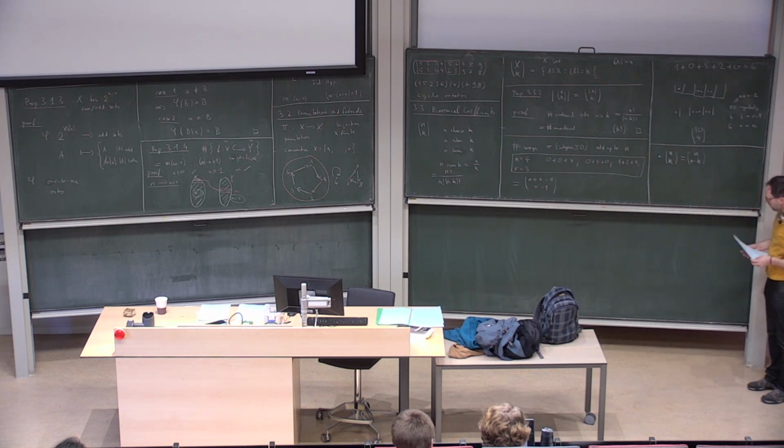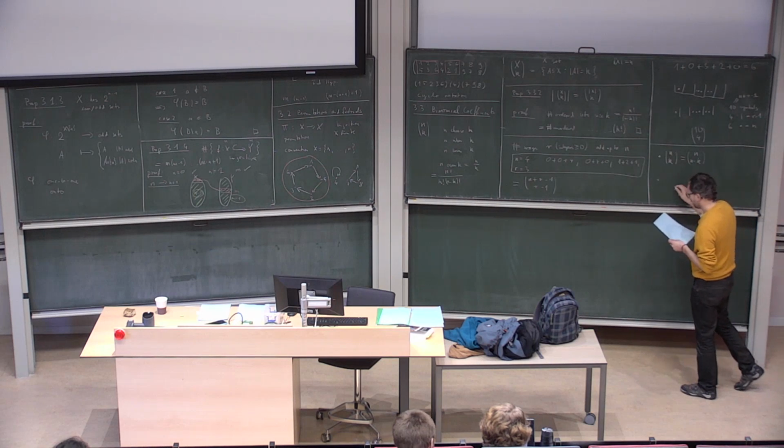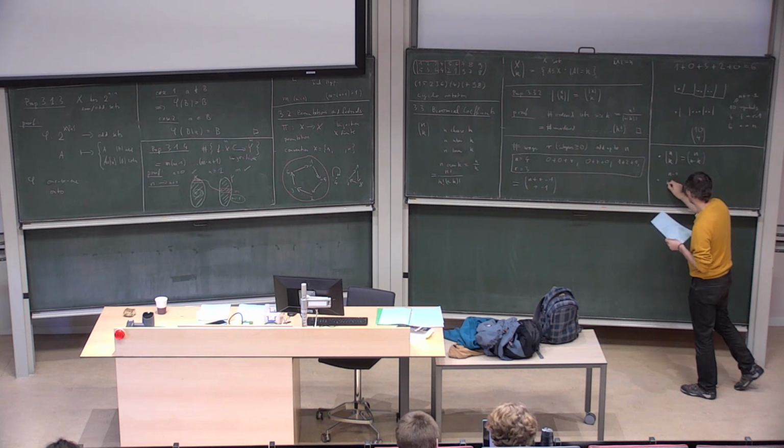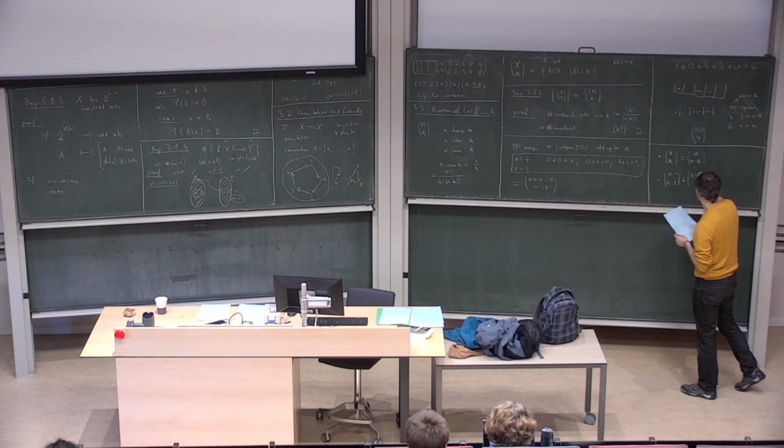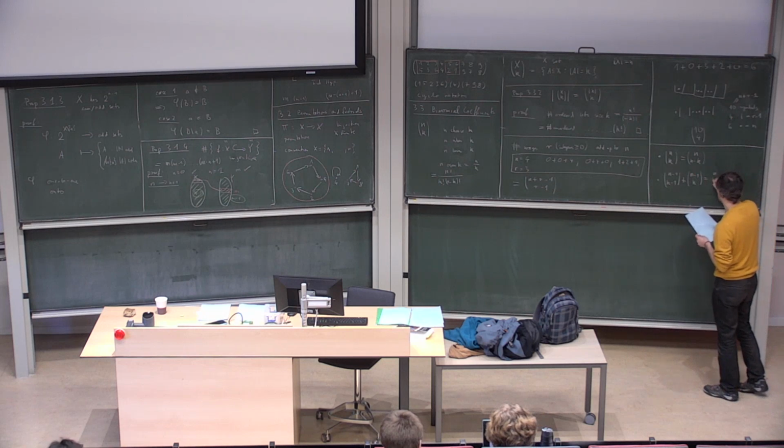And then there is this formula: n minus 1 choose k minus 1 plus n minus 1 choose k equals n choose k.